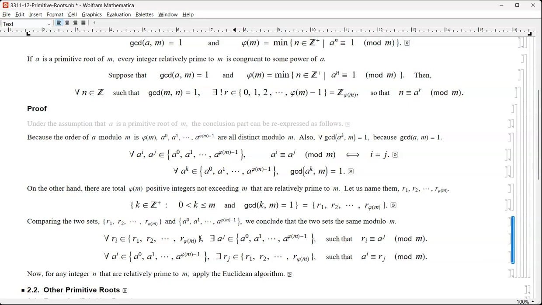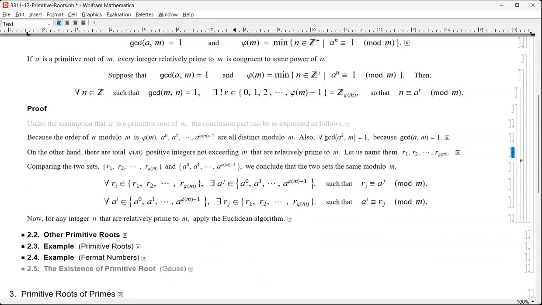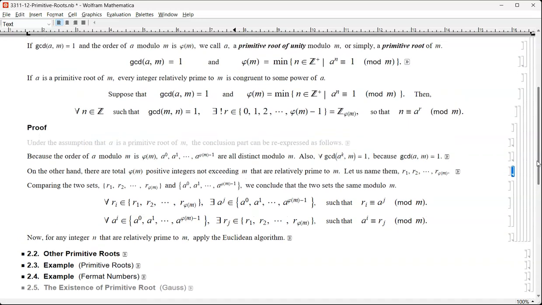So select any ri, it should be congruent to some aj, and vice versa. Select any a to the i power, then it's going to be congruent to some rj modulo m. So it's just a rearrangement we are looking at. Okay, we have all the preparation.